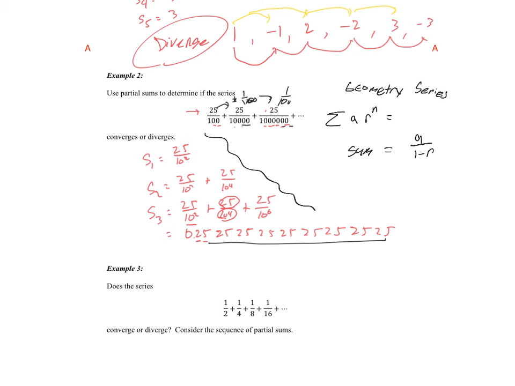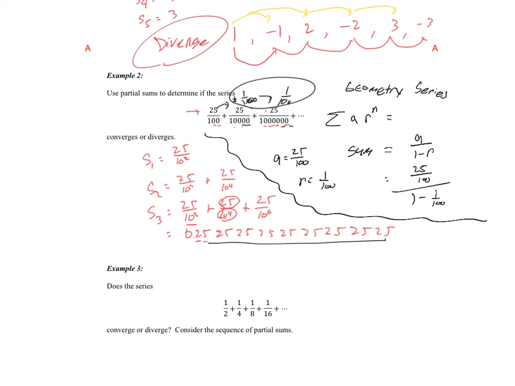So in this problem here, after we figured out what was happening, our a is our first term, so that's 25 over 100, and our r is our multiplied factor, so that's 1 over 100. So then our sum is 25 over 100 over 1 minus 1 over 100. So that's going to give us 25 over 100 over 99 over 100.